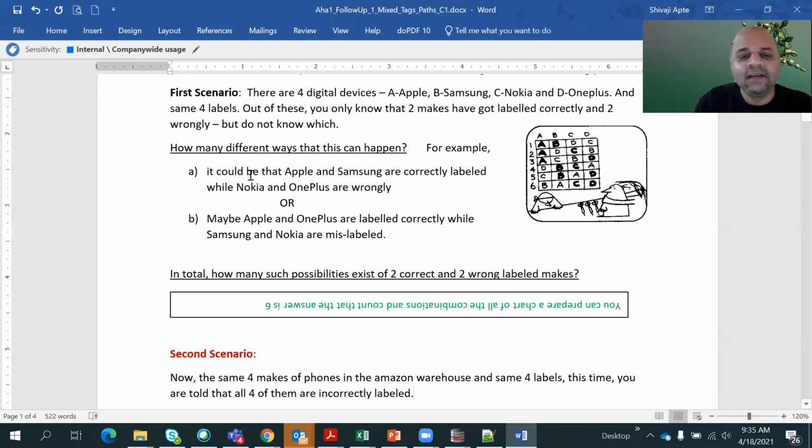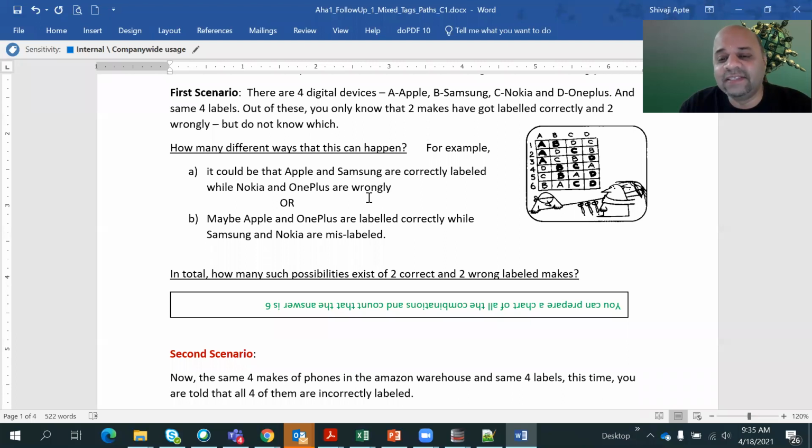For example, I've said that it could be Apple and Samsung were correctly labeled while Nokia and OnePlus were wrongly labeled. Hello, hello. Anyone was saying something? Okay, I guess not. Yeah, you're right.